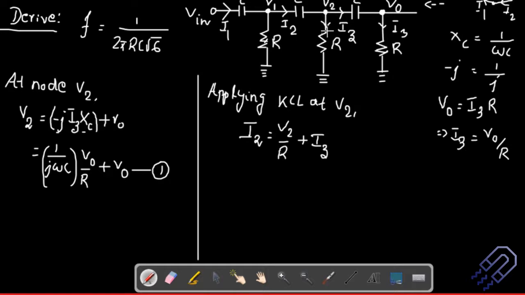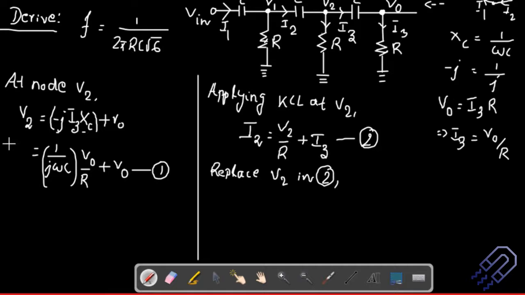So at this particular point, this is nothing but V2 divided by R. That's the current. That's the Kirchhoff's current law that we are using, and we can mark this as equation 2. So here we can find out the current. What we will do is replace V2 in V2.